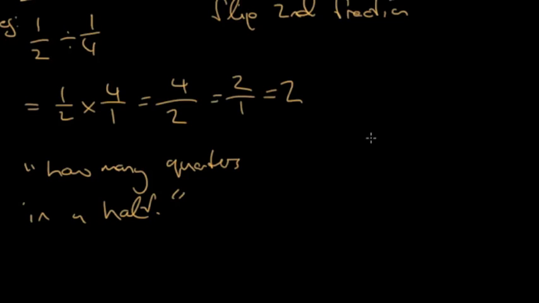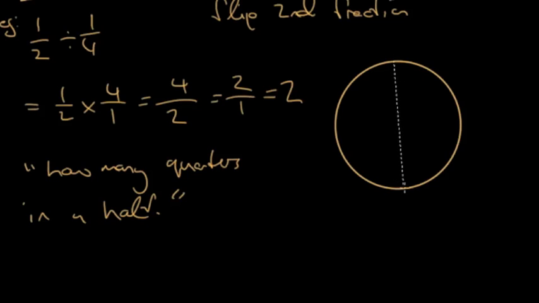And so again, we can think about it. I'm going to draw a circle in a nice way this time. So again, we've got a half of this. How many quarters in a half? So there's our half. How many quarters in that?